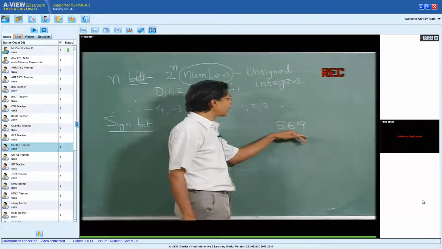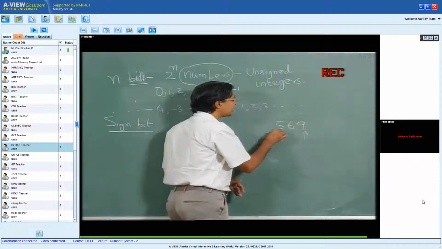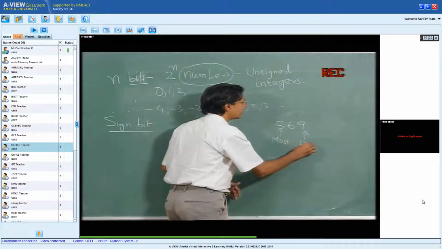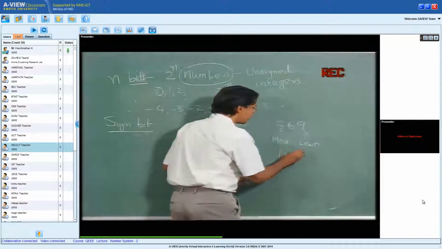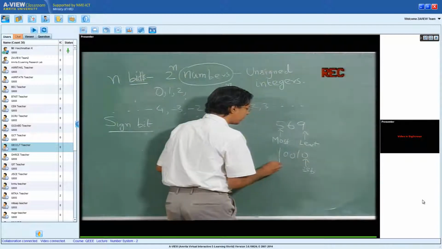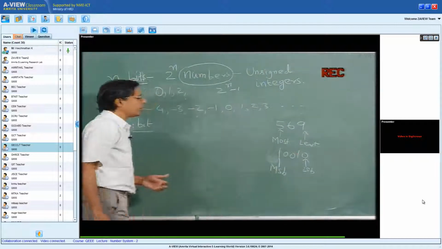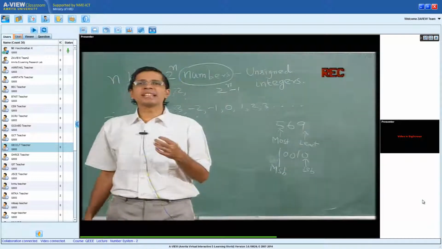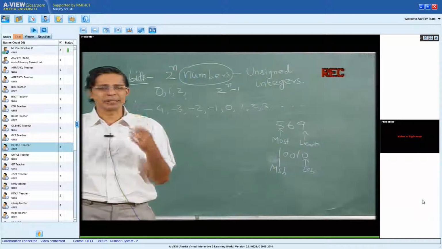This is the least significant digit and this is the most significant digit. Similarly, in a binary representation, say 5 bits, this is the least significant bit and this is the most significant bit. The obvious choice for the sign bit would be the most significant bit.